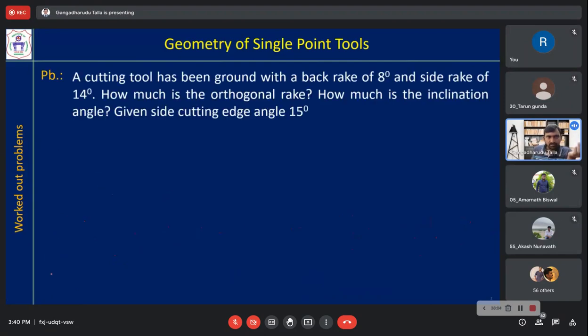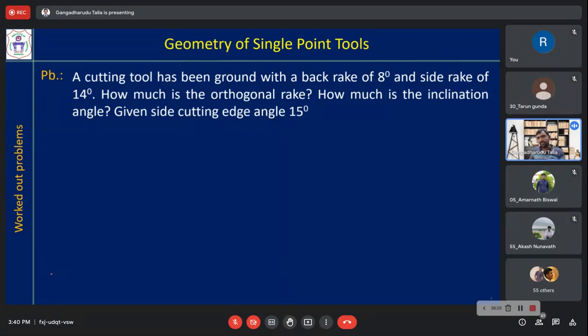Now have a look at this. A cutting tool has been ground with a back rake of 8 degrees. So the back rake angle is given to you, and a side rake of 14 degrees. How much is the orthogonal rake? How much is the inclination angle?